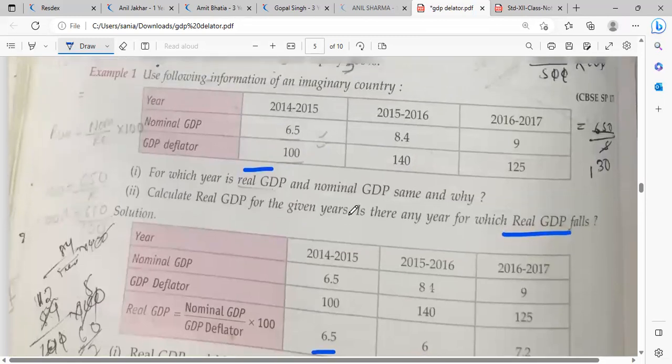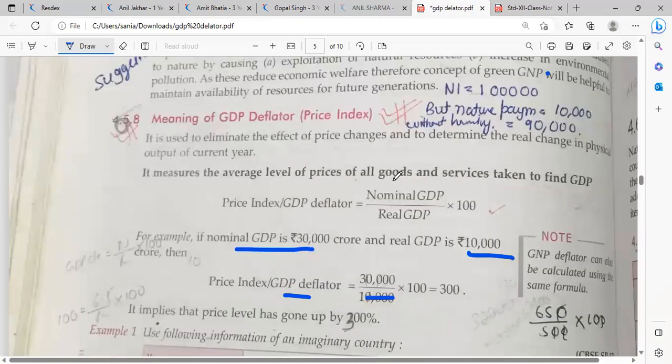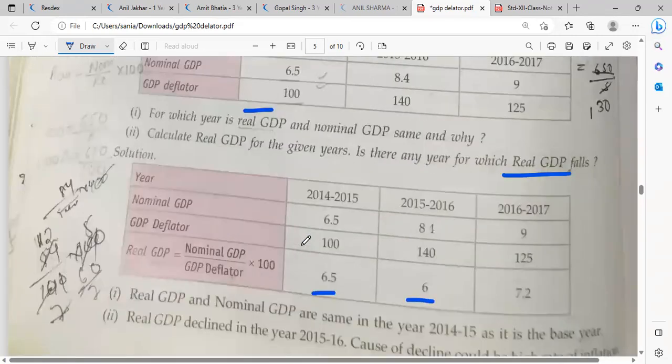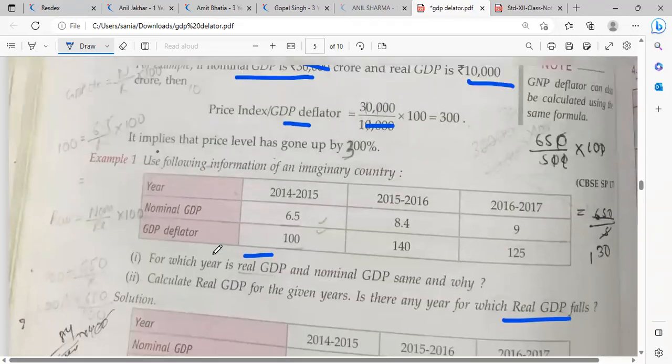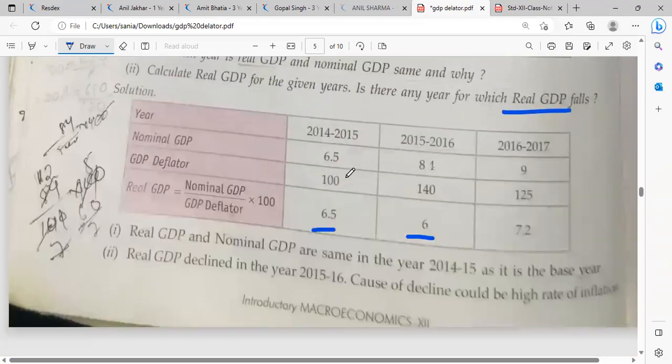Real GDP means, how can you take base year price here? The formula is nominal GDP divided by real GDP multiplied by 100, right? When you have to calculate real GDP, this will go this side, so the price index or the GDP deflator will come down. So you have to use this formula. You basically have to learn one formula and derive the other formulas from it, right?